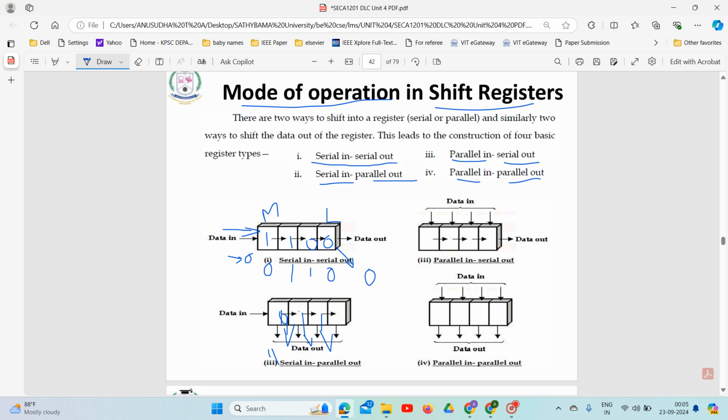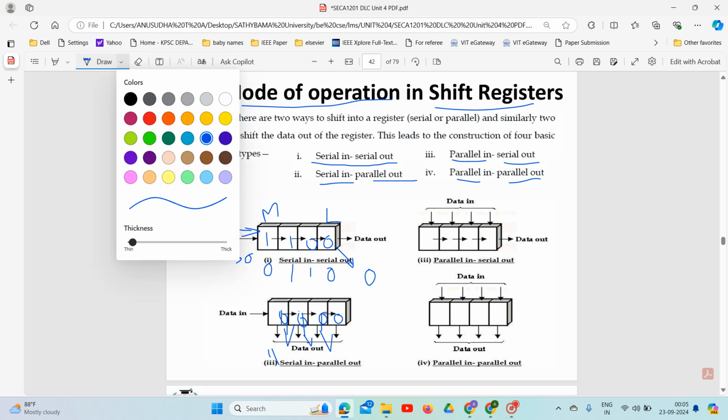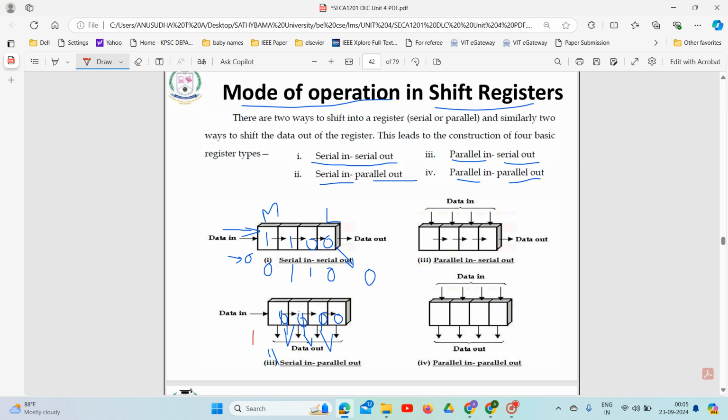Initially we take the register as four zeros. Then I introduce 1 at the first clock pulse. What happens for the first clock pulse? It shifts and we take the result all at a time. So we get the result 1000.